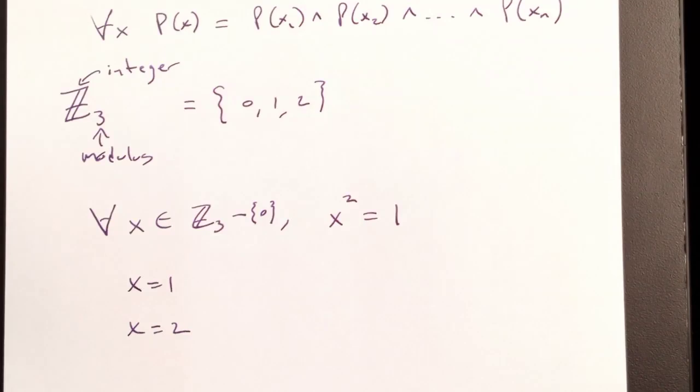So what's 1 times 1? Divide by 3, take the remainder. There are no 3's with 1 left over. That's equal to 1. What's 2 times 2? There is no 4, but I said 2 times 2 is 4. Divide by 3, what's the remainder? It's one 3 with 1 left over.